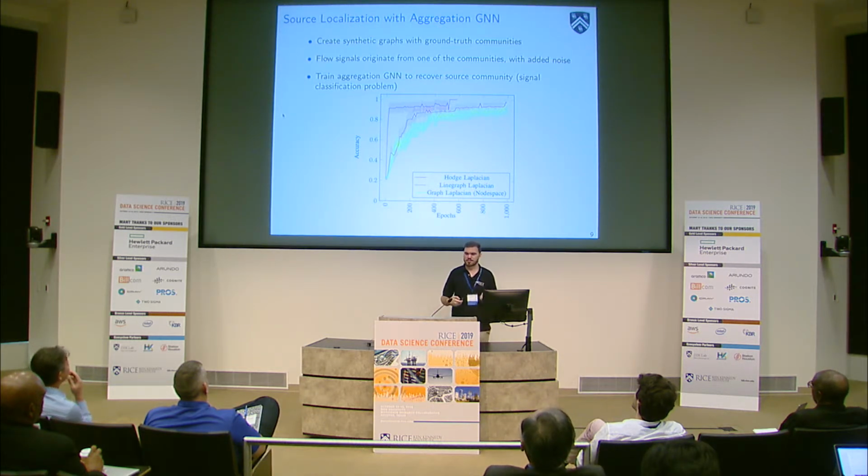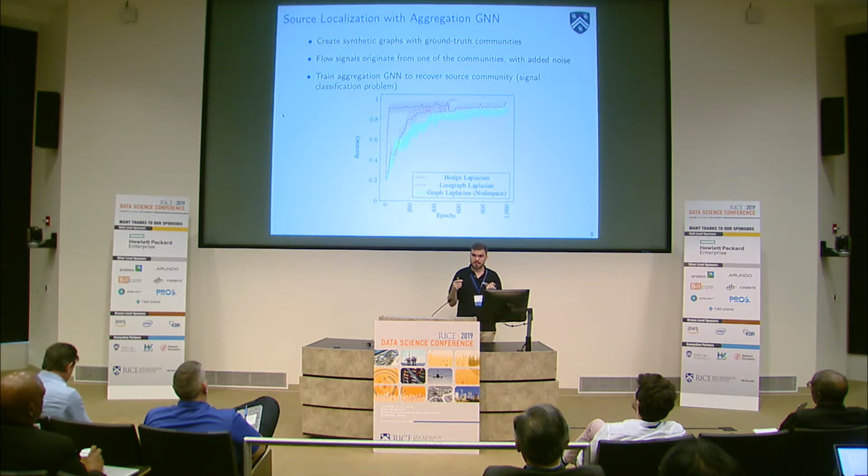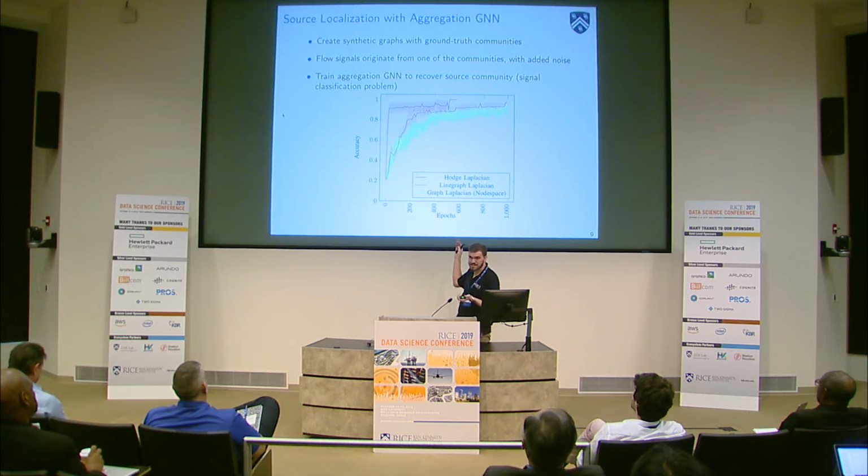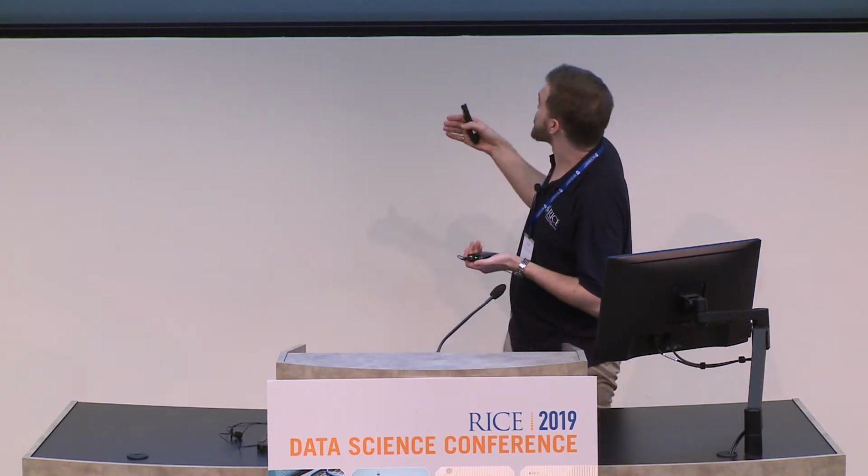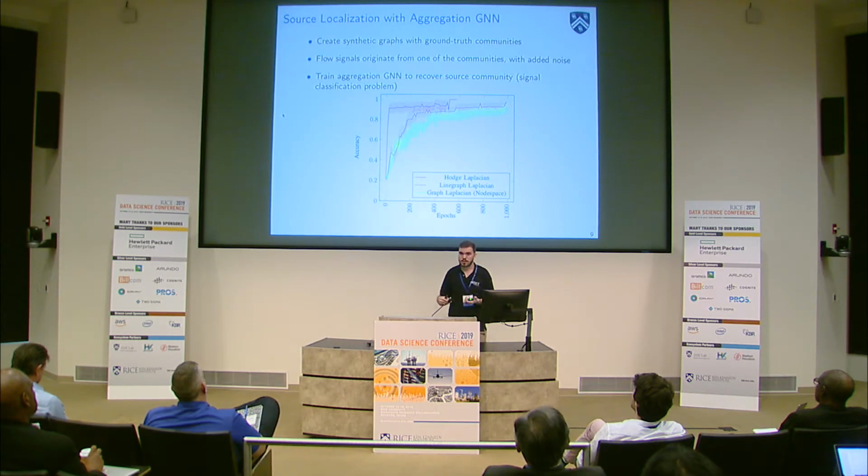We can use all sorts of different operators, like the adjacency matrix mentioned earlier, to capture this local information. And we show that our proposed Hodge Laplacian, which is what we want, converges to a high classification accuracy a lot faster and just performs better in general compared to using this proposed line graph operator or thinking about things in the node space using some inverse transformations.